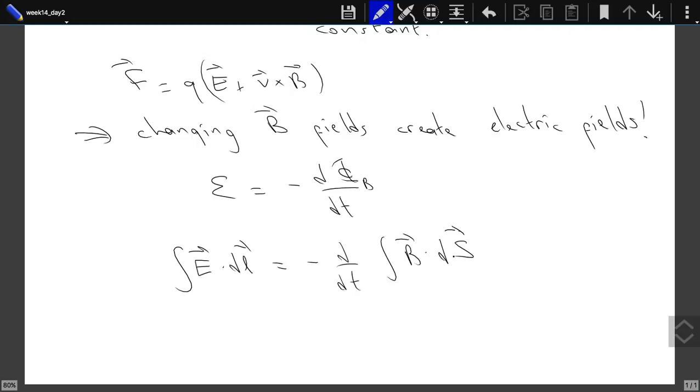It's just the B field that is changing. So in such a case, if the B field is changing, there should be an electric field created due to this changing B field, and that electric field is what is creating this EMF.